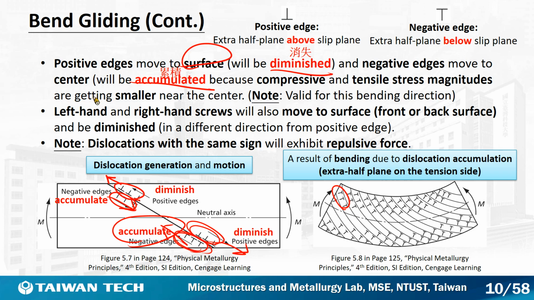So this negative edge will accumulate near the centers, and then the compressive and tensile stress magnitude are getting smaller near the center. So first, let's see the statement here. We now know that for the positive one, they will go to the surface. However, for the negative one, we know the stress distribution, right?